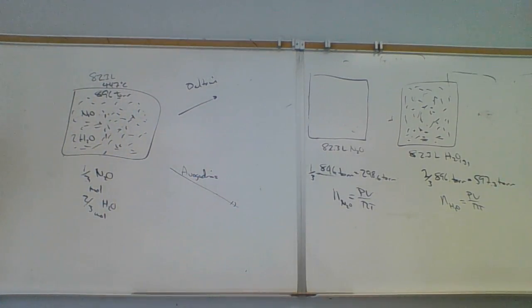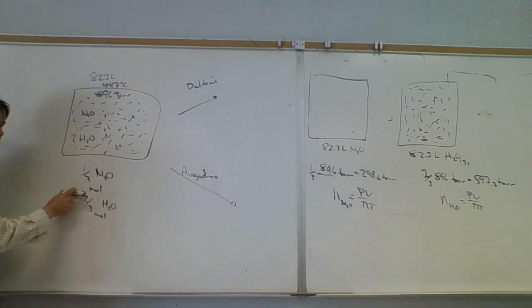If I visualize this mixture as Avogadros, how many liters of nitrous oxide do I have? If I visualize this using Avogadros, then the mole fraction is the same as the volume fraction.